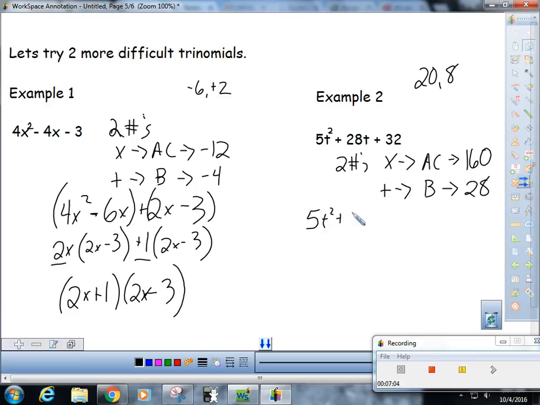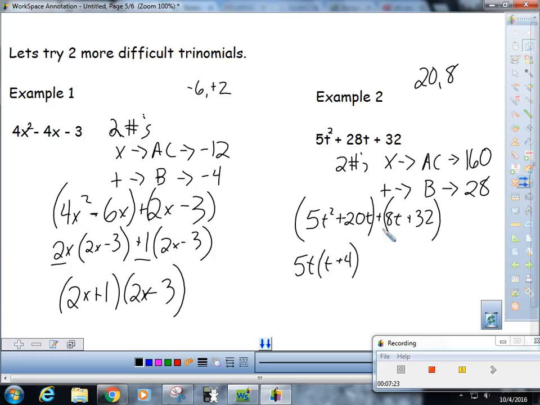5t squared plus 20t plus 8t plus 32. Group them. You get 5t times t plus 4. Okay.